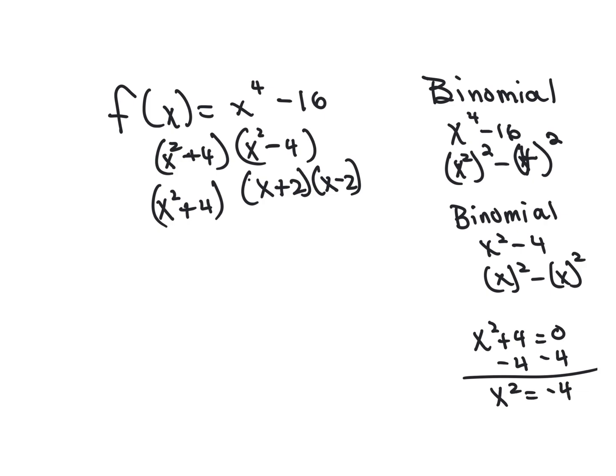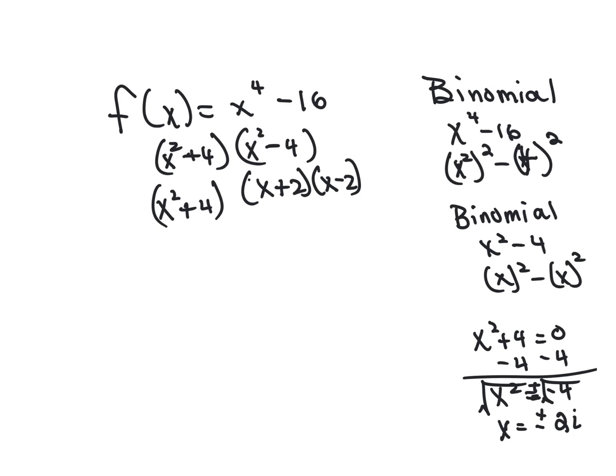When I take the square root of both sides, we know we have to include both a positive and a negative root, and we're going to get x is equal to plus or minus 2i, because we cannot take the square root of a negative number.